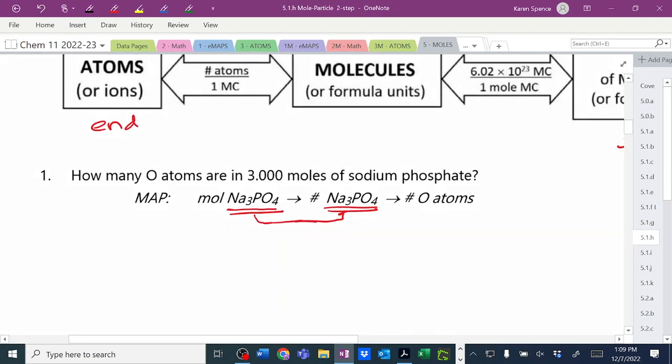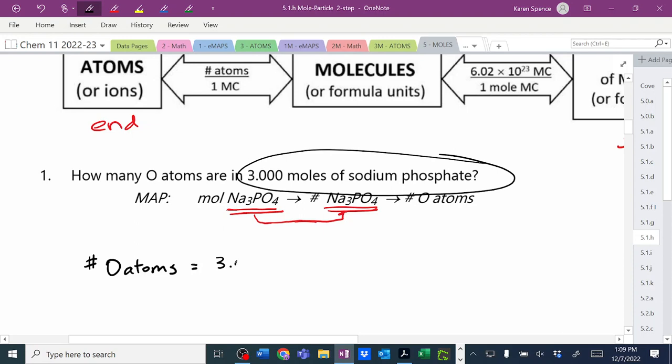All right. The number of O atoms is our unknown. We are going to start with 3 moles of sodium phosphate. So that's 3.000 moles. And remember, you can abbreviate moles as mol, because that one little letter E, so much more writing, right? 3.000 mol of Na3PO4.